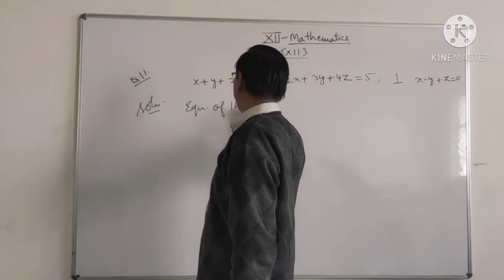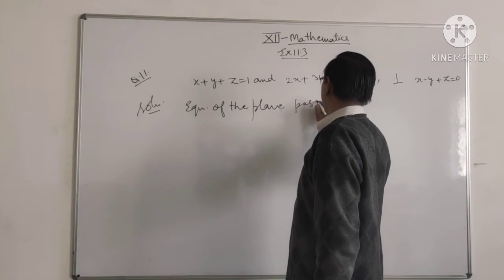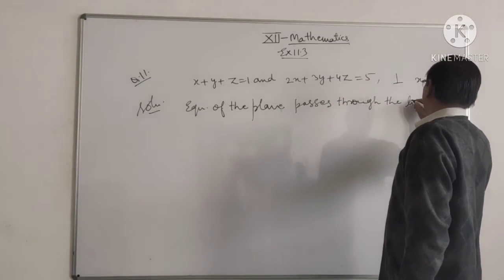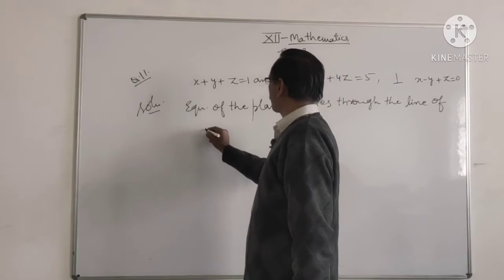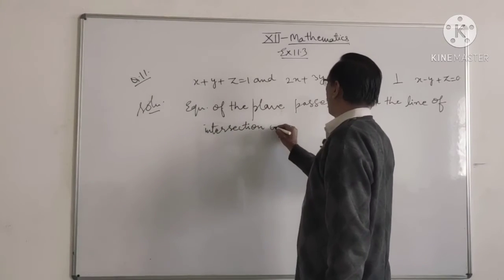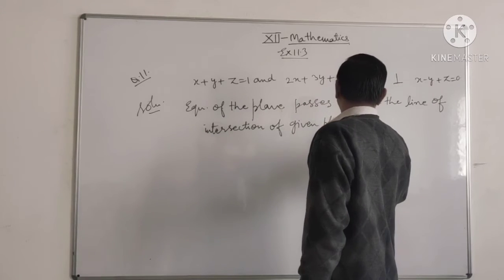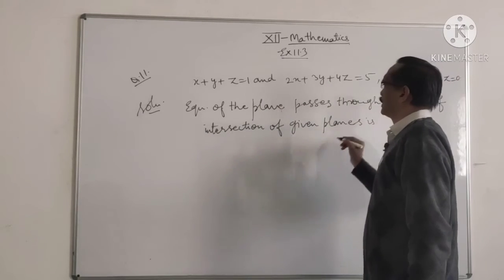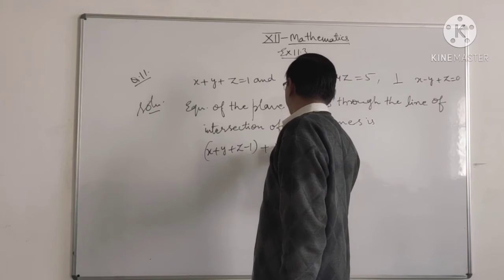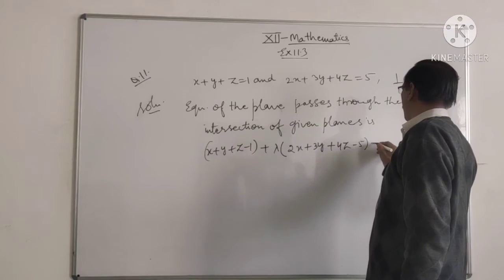Equation of the plane passes through the line of intersection of given planes is x plus y plus z minus 1 plus lambda times 2x plus 3y plus 4z minus 5 equal to 0.